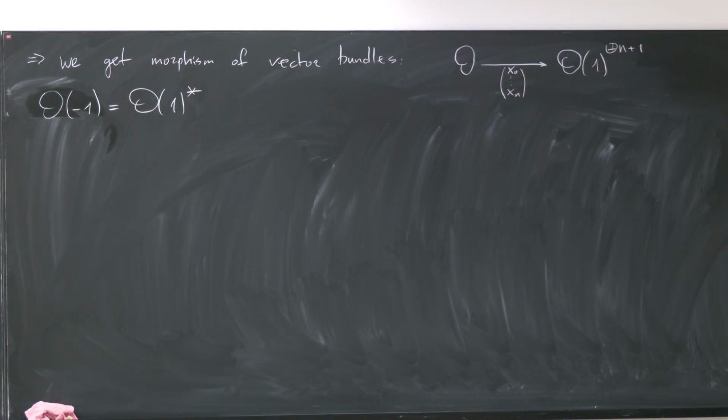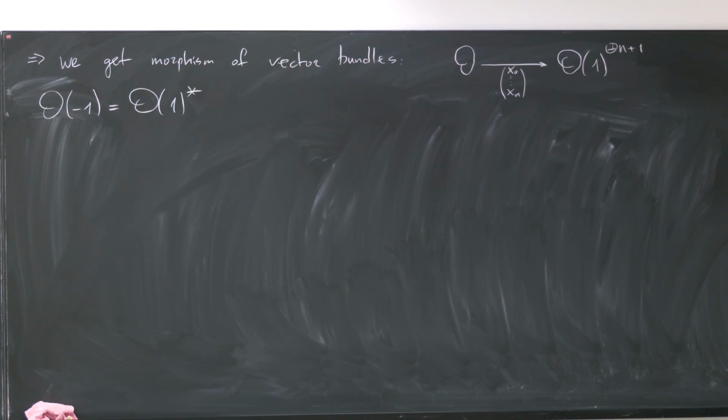And how to see this? You can show the usual isomorphism between the tangent bundle and Hom from O of minus 1 to its orthogonal.